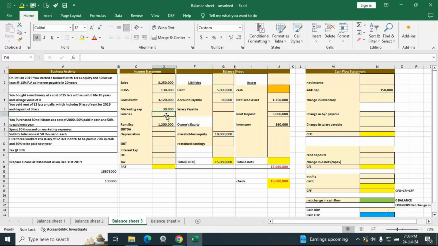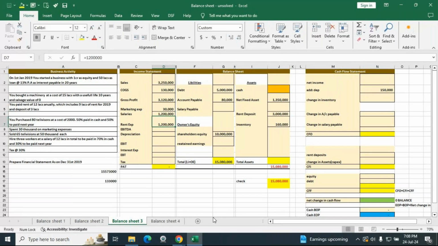So salary. Next point we are coming. So sold, it is done. And here hired 3 workers at the salary of 12 lakhs in total to be paid 70% in cash and 30% to be paid next year. So salary, how much we are speaking? It is 12 lakh rupees equals 12 lakh.